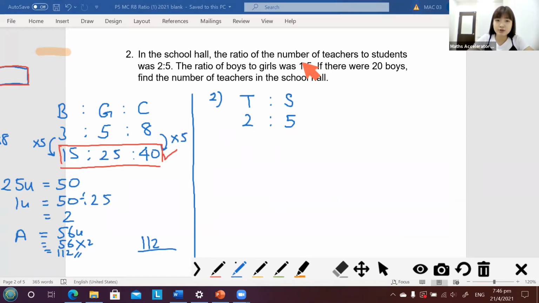The other set of ratio is boys to girls, 1:5. What is your repeated identity here? You can type in the chat. You can refer back to question 1 if you're not sure.